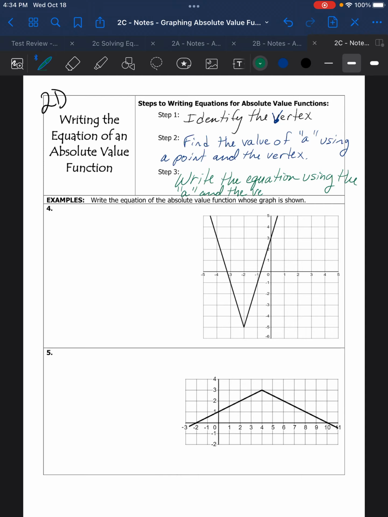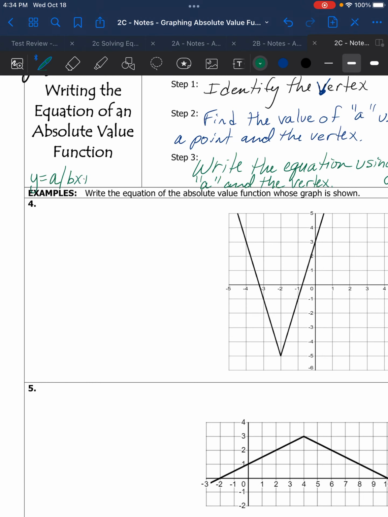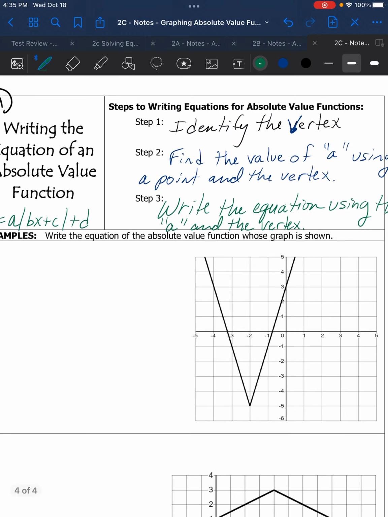So remember our general formula for the function is y equals a times the absolute value of bx plus c, and then plus d on the outside. All right, let's get started on this.